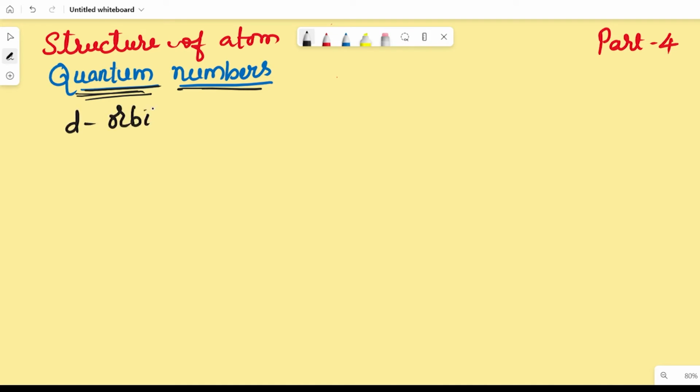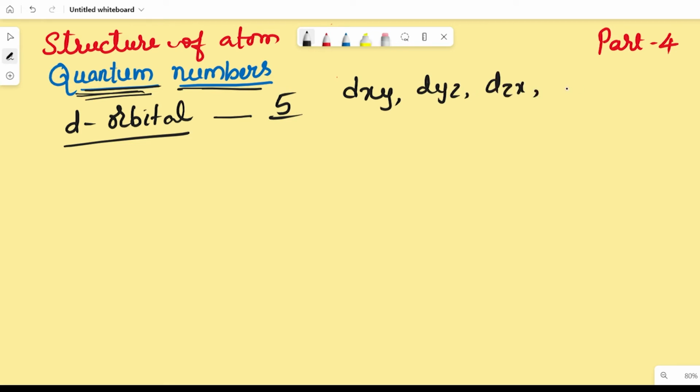The d orbital. Just as in the presence of an external magnetic field there are 3 oriented p orbitals, in the same way there are 5 d orbitals. So there are dxy, dyz, dzx, dx square minus y square, and dz square. So here 5 orbitals are there.